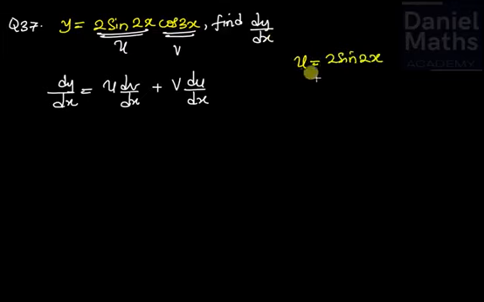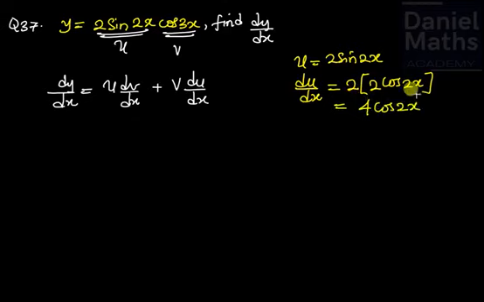Now du upon dx: if you differentiate sine 2x, you get 2 cos 2x. This 2 is already there, so this automatically will give us 4 cos 2x.